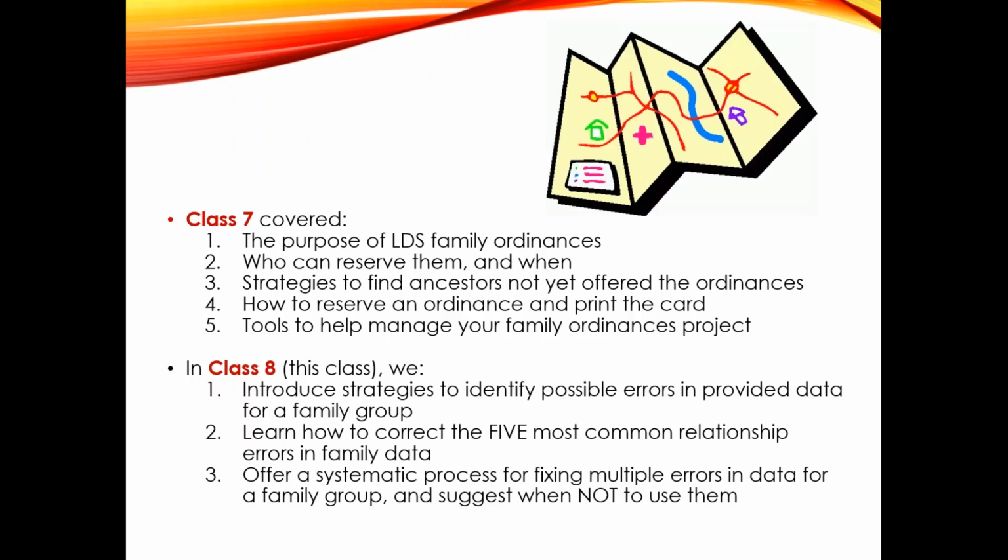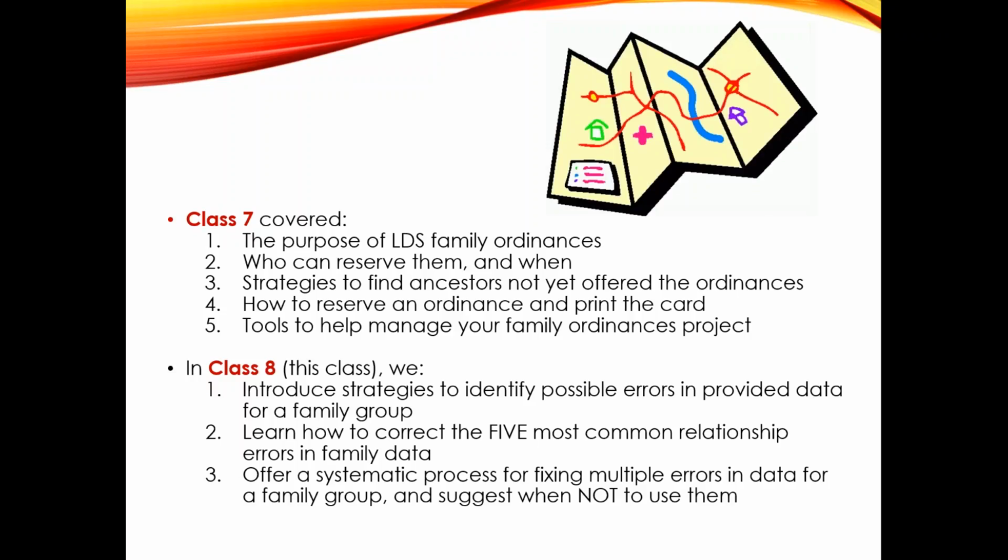In tonight's class, Class 8, we're going to introduce strategies that will help you identify possible errors in provided data for a family group. And we're going to strive to help you learn how to correct the 5 most common relationship errors in family data.